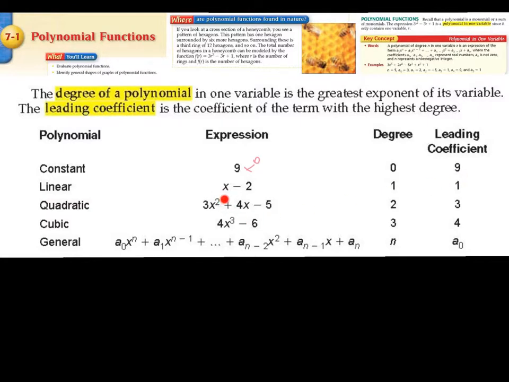This is degree 1, because it's x to the 1. Leading coefficient is 1. We could write a 1 in front of the x if we wanted to. Our degree is 2, so leading coefficient is 3. Degree 3, leading coefficient is 4. So in general, written in descending order, the degree is going to be the exponent of your x, and the leading coefficient is the coefficient of that term.